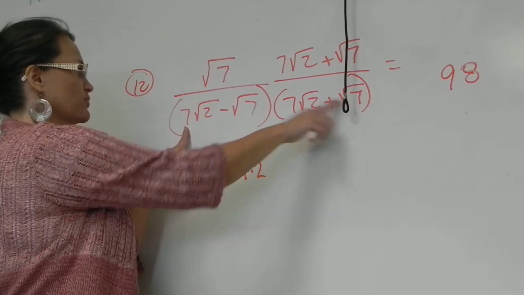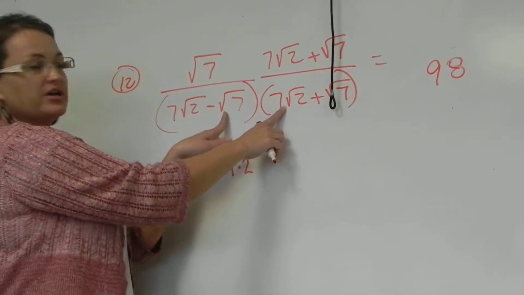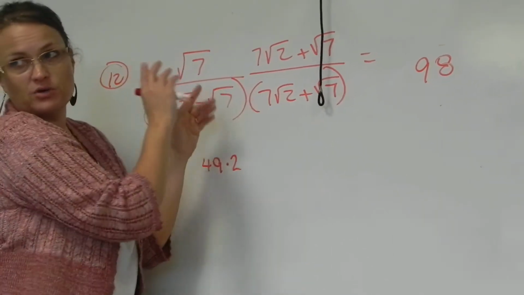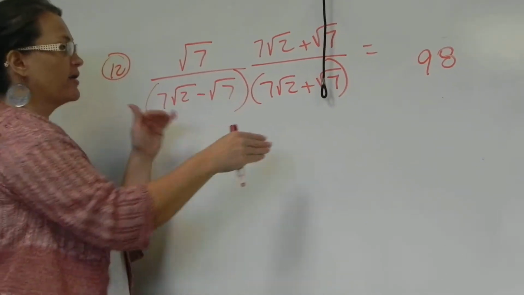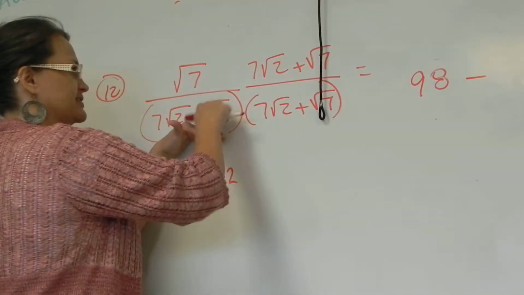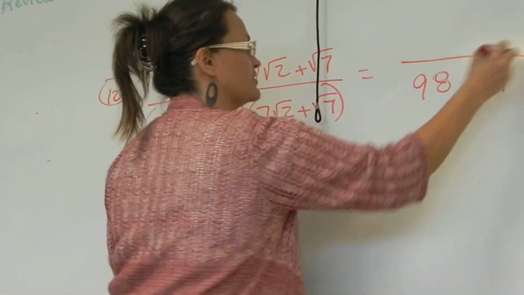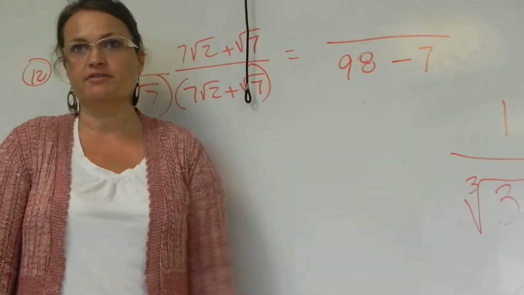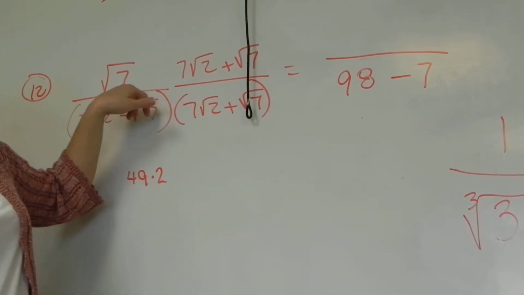The outer will be a 7 radical 14, but the inner should be the opposite, minus 7 radical 14. That's what should always happen with a conjugate. The middles cancel out, the inner and outer. Then the last should be negative because the signs are different. Radical 7 is just 7. So you should have that guarantee of no radicals left after times by conjugate. So we'll call that 91 in a minute.